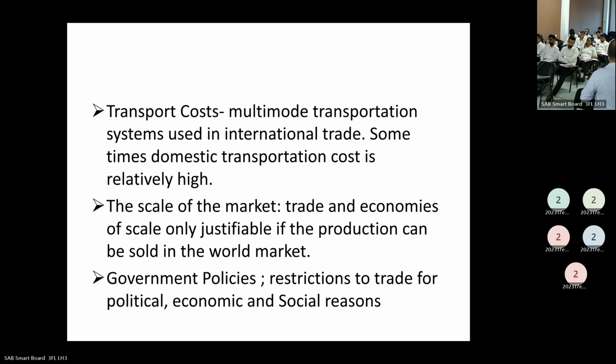Or if the country is running a financial crisis, a foreign exchange crisis, like we experienced last time, we banned more than 500 imported goods. Likewise, in crisis situations, that will affect free trade. As part of government policies, we can discuss those practical reasons that limit international trade.